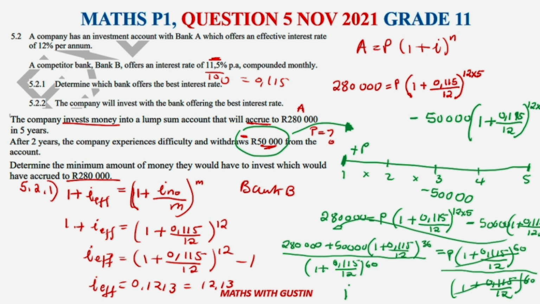Therefore this should give us a value of P, where your starting amount in the bank, if you want to have that money, including that you have withdrawn, should be 197,509 and 51 cents. Okay, and that's how you would deal with a question like this one, guys.